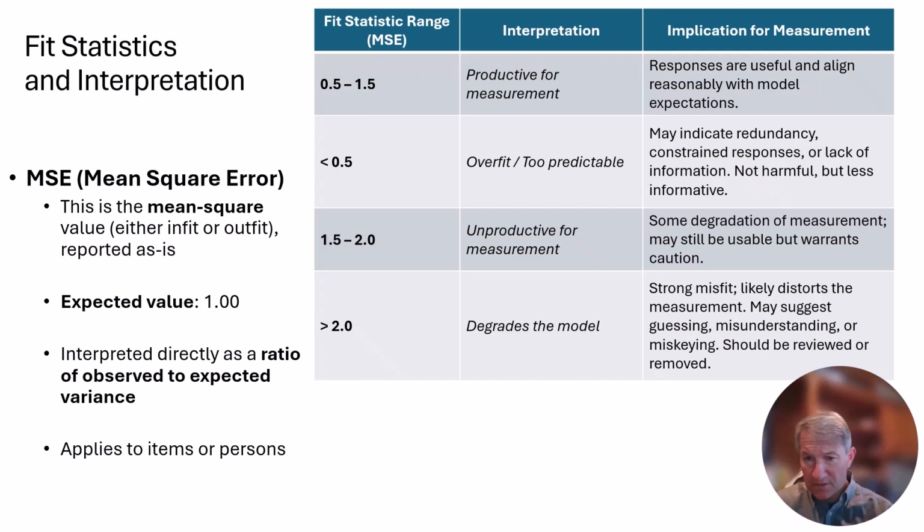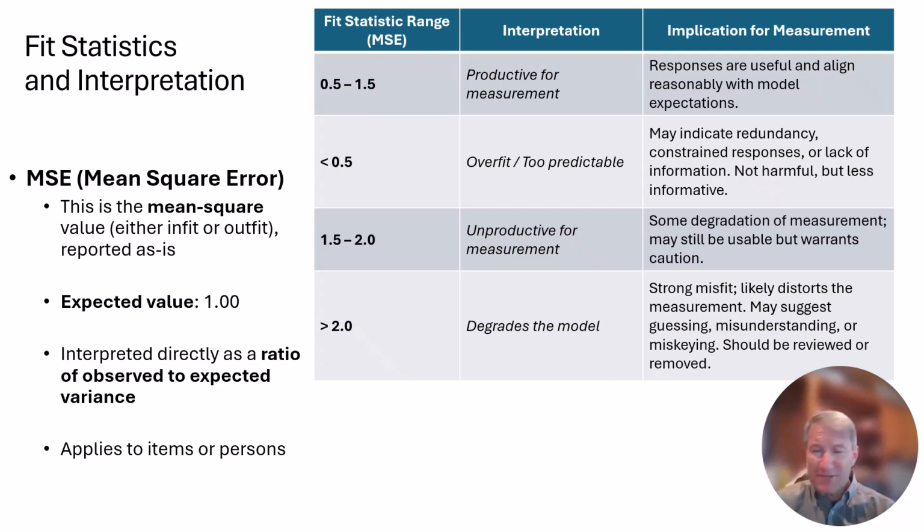Now, in terms of interpretation of the fit statistic values, really what we're shooting for are the values in the top row of this table. Fit statistics ranging from 0.5 to 1.5 are productive for measurement. They're contributing positively to the Rasch measurement model.